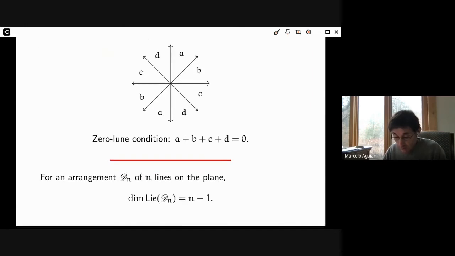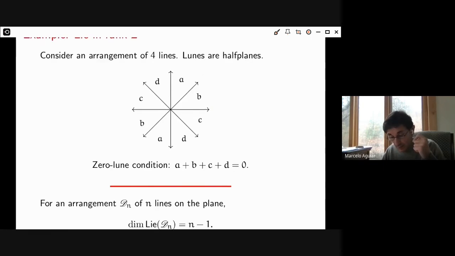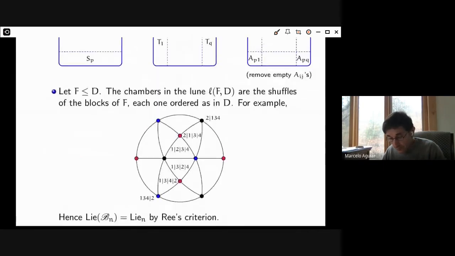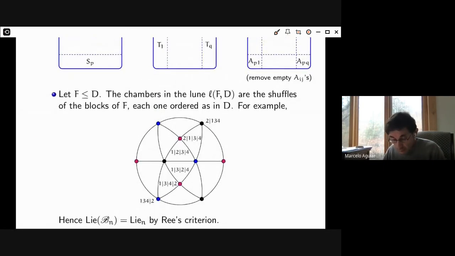So in general, for an arrangement of n lines on the plane, the dimension is n-1. As you see here, you had 4 lines and you had freedom for 3 coefficients. So I should have said before, I went directly to Lie of the braid arrangement, but remember, Lie is defined as a subspace of the space of chambers. The space of chambers for the braid arrangement is the space of permutations, okay?